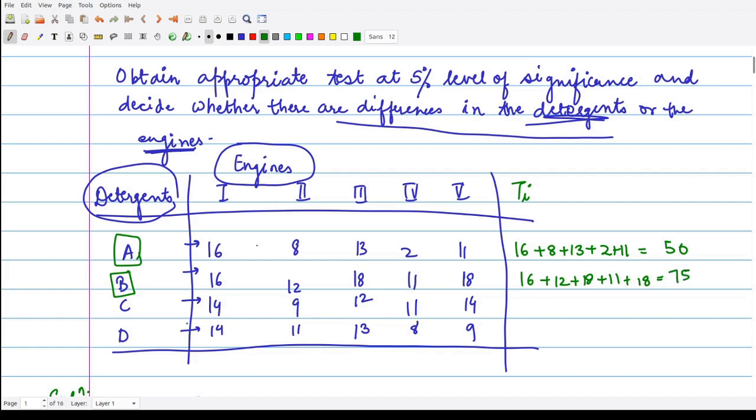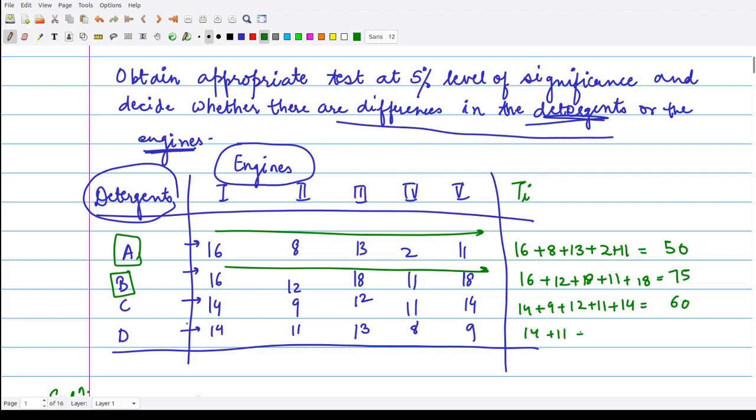So that means you are adding this row wise, right? For the next you will have 14 plus 9 plus 12 plus 11 plus 14, which comes out to be 60. And then finally you have 14 plus 11 plus 13 plus 8 plus 9, which comes out to be 55.